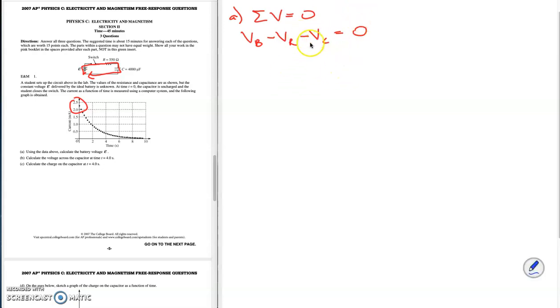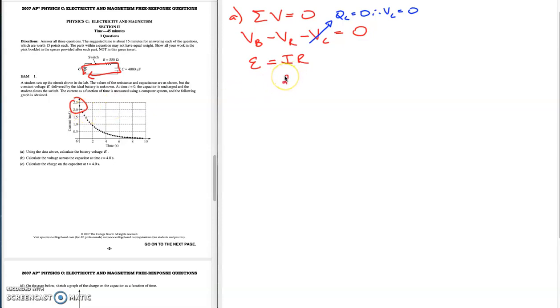Now at time t equal to 0, Q on the capacitor is equal to 0, therefore the voltage of the capacitor is also equal to 0, and that's not needed. The voltage of the battery is E, and that's going to be equal to the current times the resistance of the resistor. The current that we're going to read off of the graph is, I'm going to guess, 2.25. If you want to guess 2.20, that might also be fine.